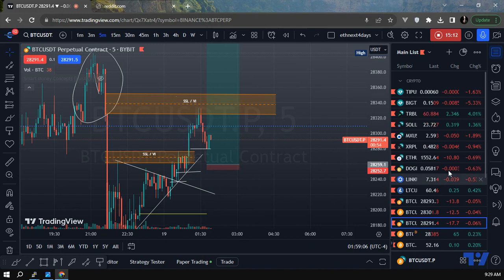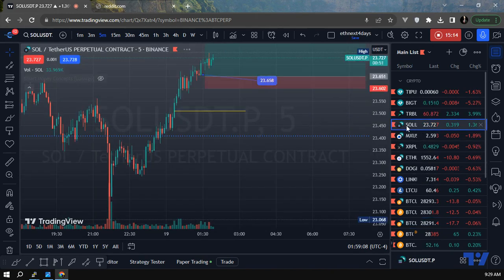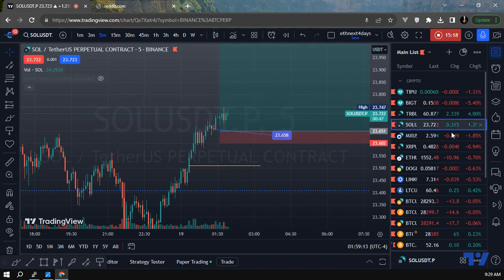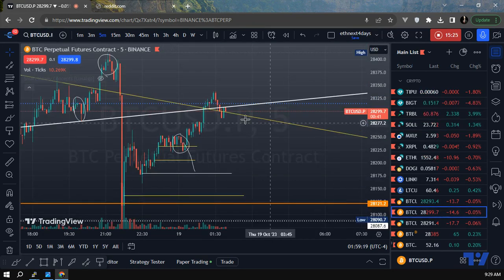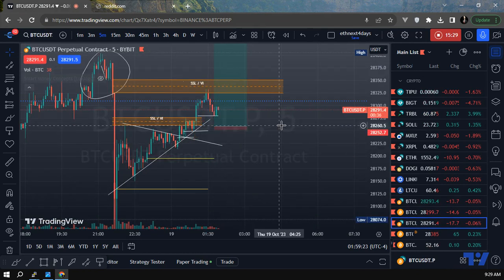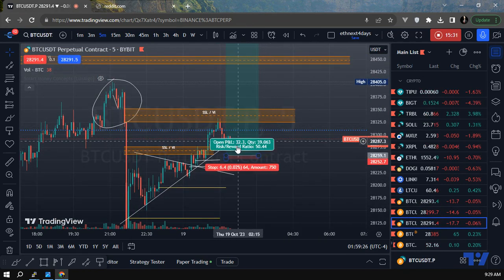Let's just check Sol too. Sol is kind of following Bitcoin right now to some extent. It's trying to go higher, but I think Sol just needs a little bit of push for my position to be in a good profit. But at the same time, right now, Bitcoin needs to essentially hold this and go higher. Otherwise, I'm just going to get out of it.